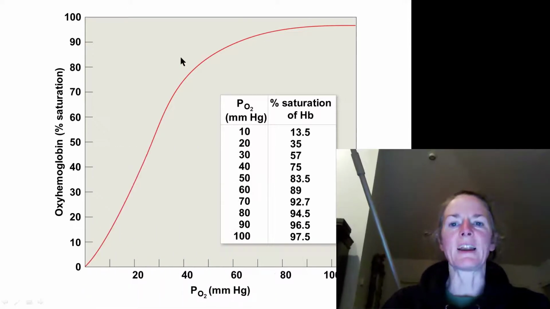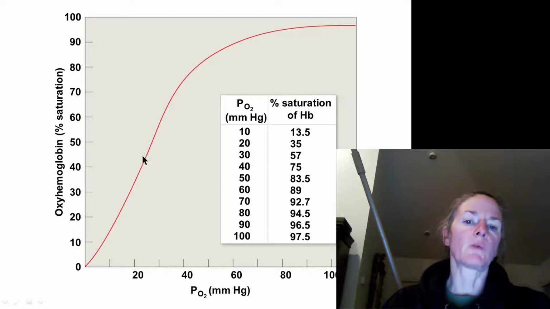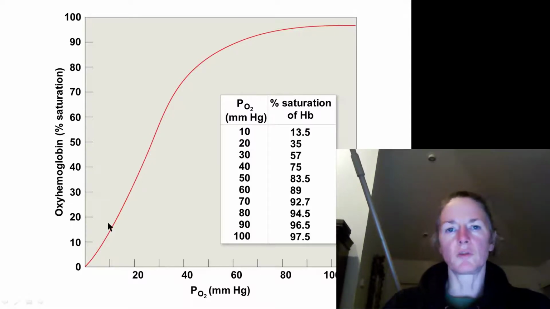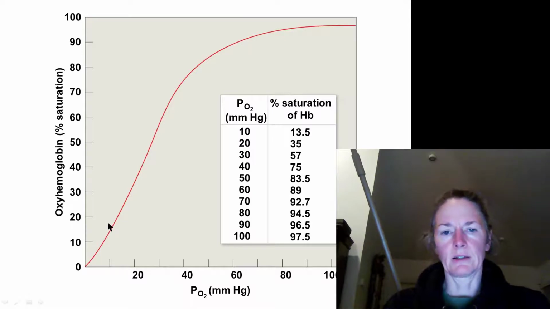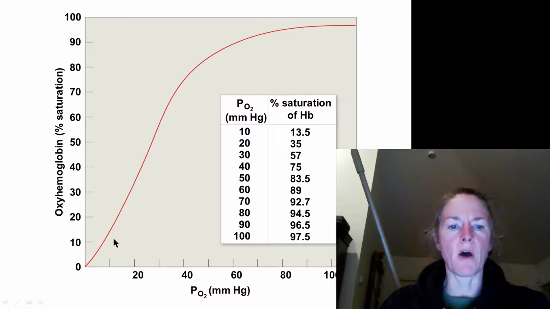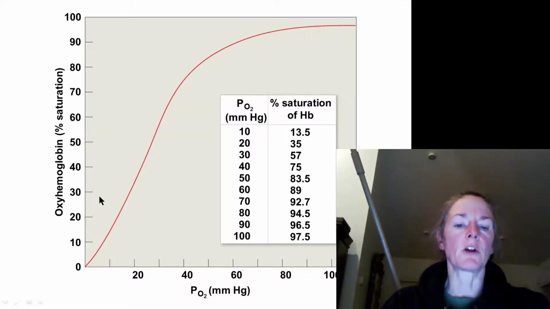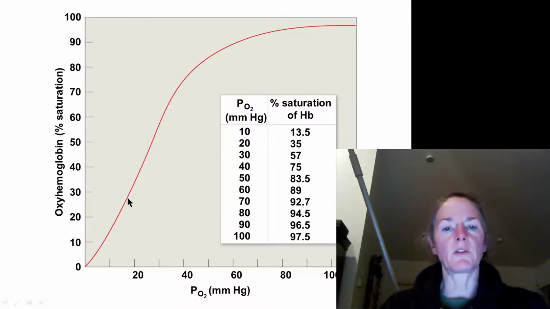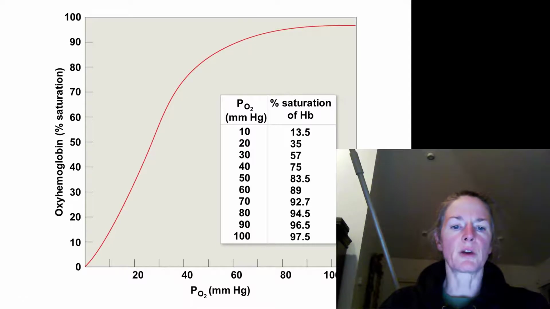So we're going to have a reserve, so that as we off-gas carbon dioxide and our tissues are using oxygen, even in venous blood there's going to be a fair amount of oxygen carried by the hemoglobin, even at low partial pressure. You can imagine if you're doing intense physical activity and your partial pressures drop to, say, 20 millimeters of mercury.